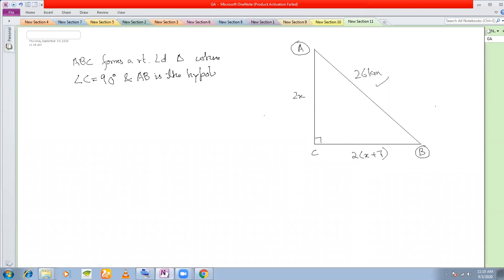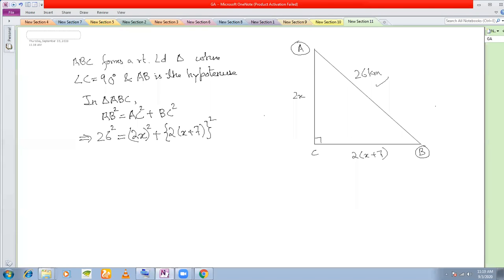Now we proceed to calculate the value of x first. So in triangle ABC, hypotenuse square, that is AB square, must be equal to perpendicular square AC square plus base square, which is BC square. And this is 26 square is equal to 2x whole square plus twice of x plus 7 whole square. We'll get an equation in here.